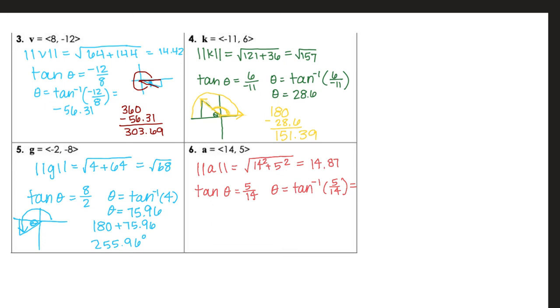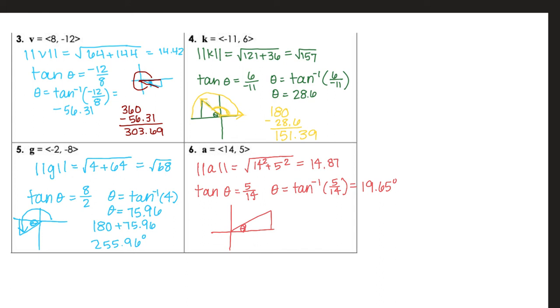And that's going to give you 19.65. Now let's see if we need to do anything with it. You're going to go over 14 and up 5. So your triangle looks something like that, and your angle is right inside here.